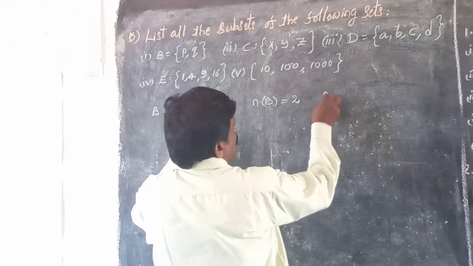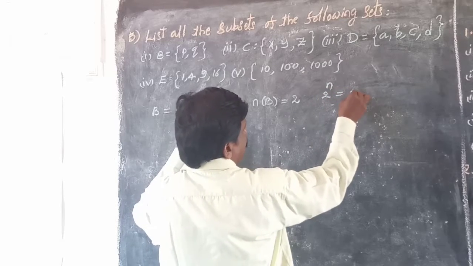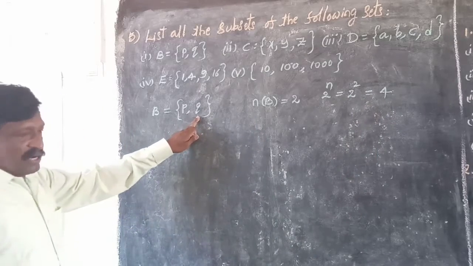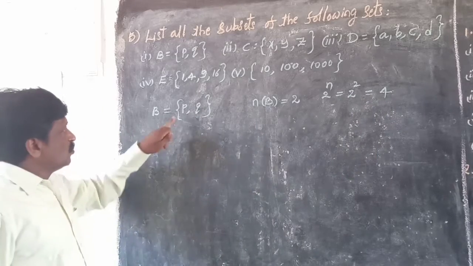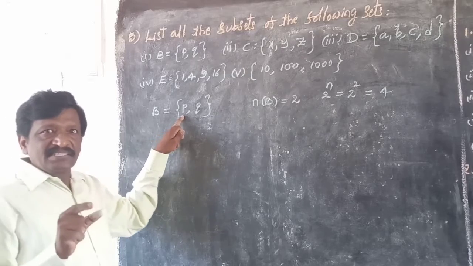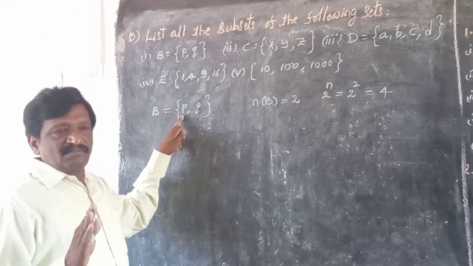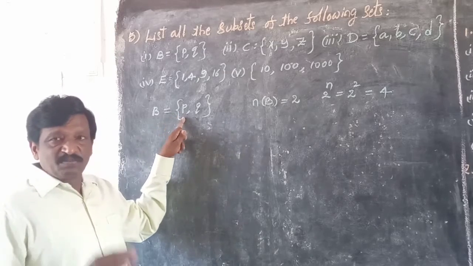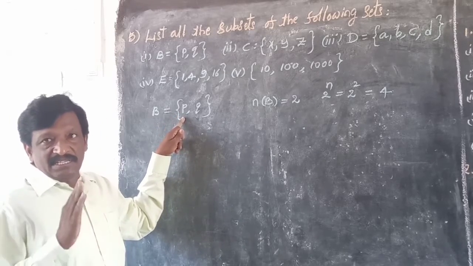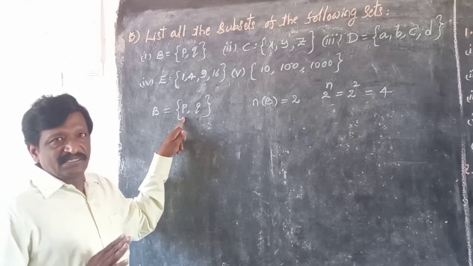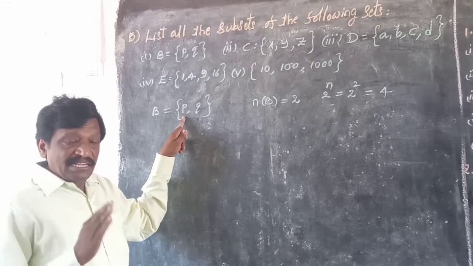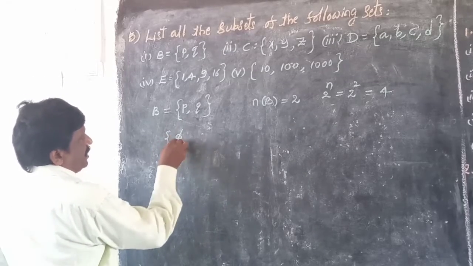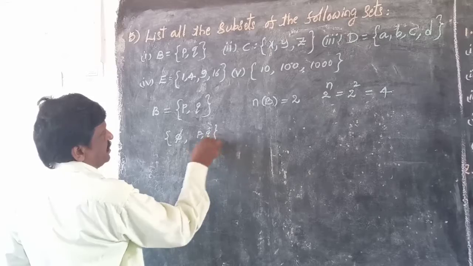So the number of subsets is 2 to the power n, 2 squared, 4 subsets. You will write 4 subsets. How? The null set is a subset of every set. The set is a subset of itself. So null set, and the set.